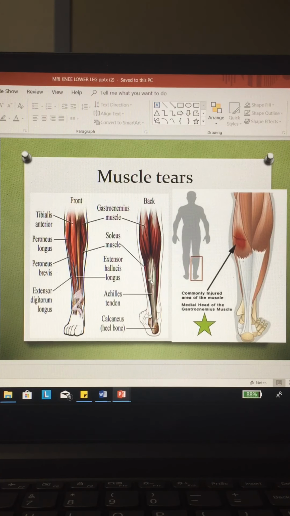Another thing to remember is that the muscles in the anterior part of the lower leg are your extensors. These muscles in the back part of your lower leg are more of your flexors, okay? Your gastroc muscle in this particular image, the gastrocnemius muscle, is the most torn muscle of the lower leg.